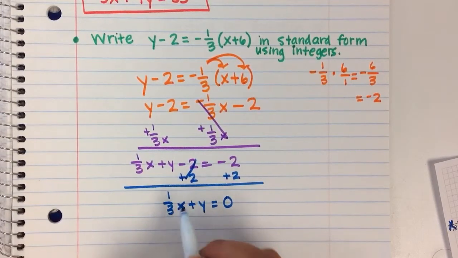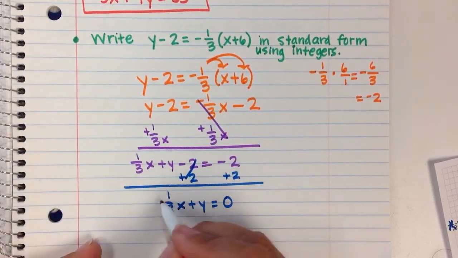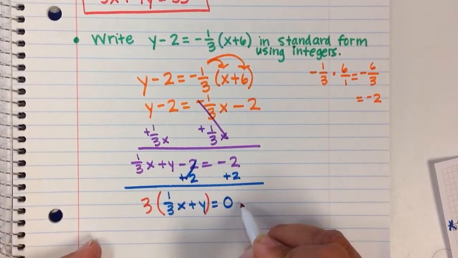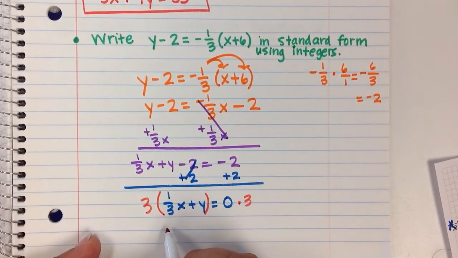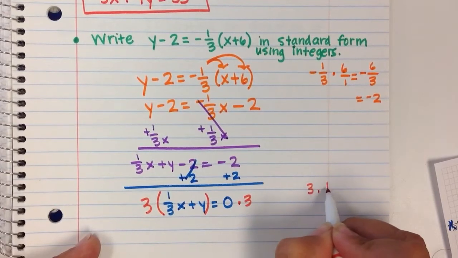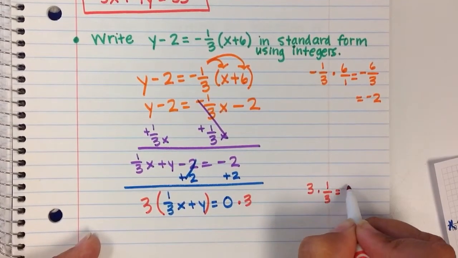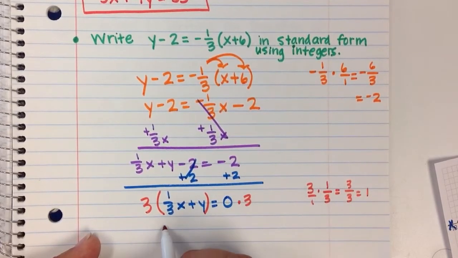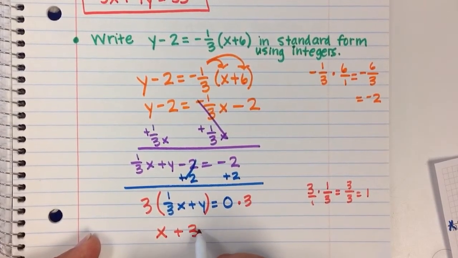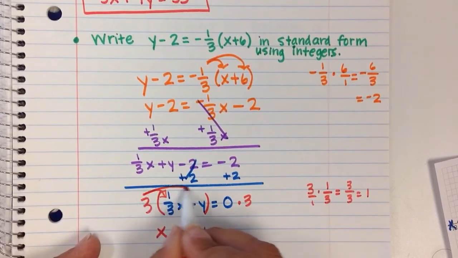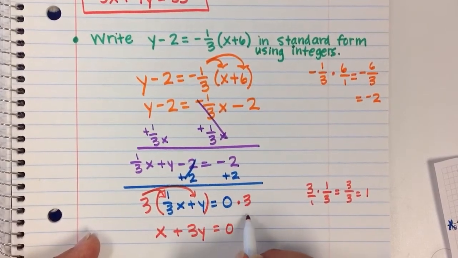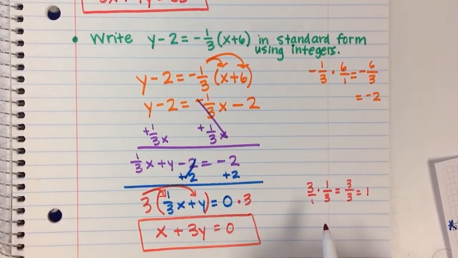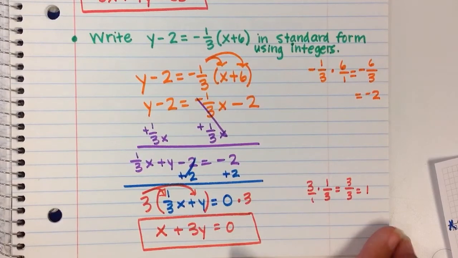So I'm going to get rid of this fraction by multiplying by the denominator. So I'm going to multiply both sides by 3. And I'm going to get 3 times 1/3 is going to be 3 over 3, which is 1. So I'm going to have 1x plus 3y when I distribute to the y is equal to 0. And that's written in standard form, because I have x and y equal to a whole number.